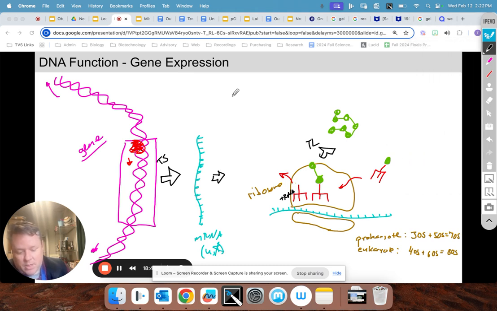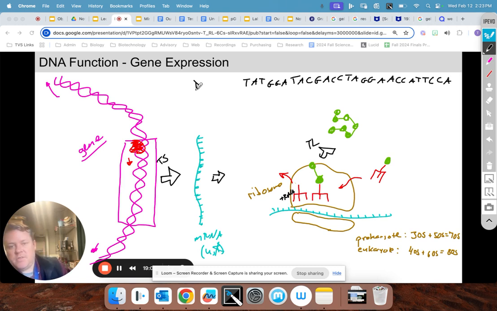Now we can go back and we can come up with some sequence here. Like, let's just make a sequence. TATGGA, TACGAC, CTAGGA, ACCATTCCA. This is a sequence of DNA, right? I know that because it has thymine in it. It will then be transcribed into some sequence of an mRNA, whatever that happens to be.